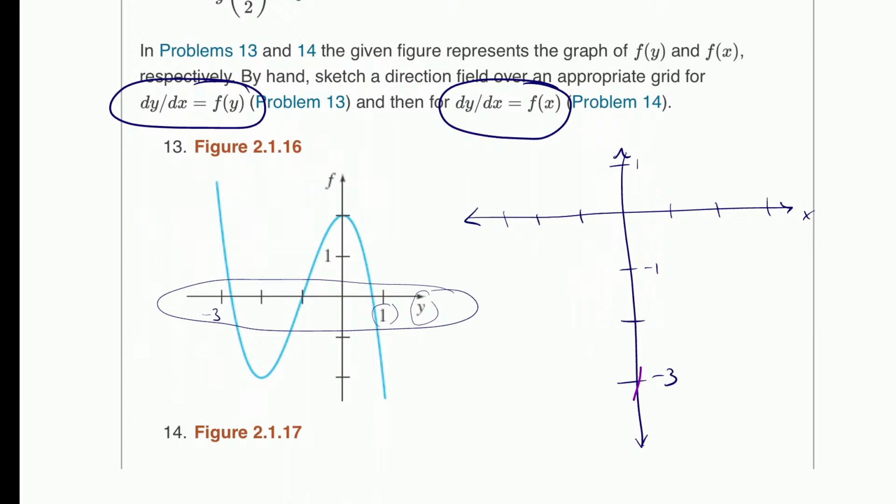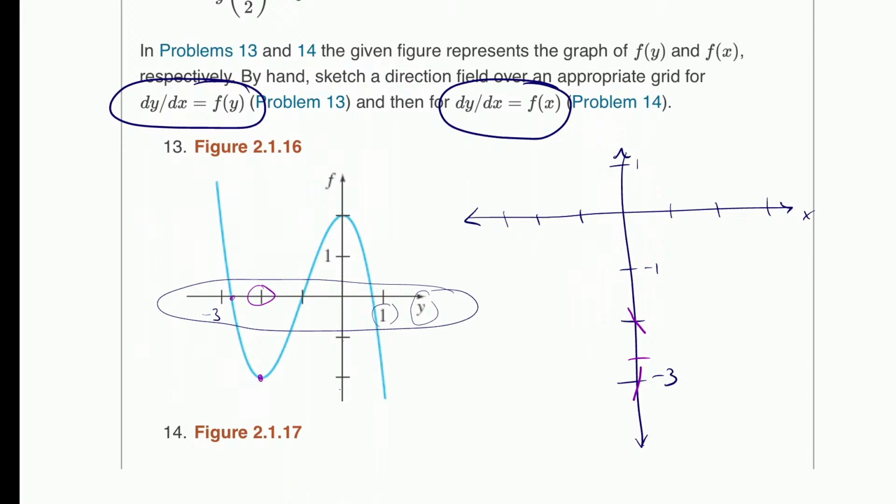And then when y is equal to -2, notice that the slope is -2. So that would be like this. In between somewhere, you have a slope of 0. So there's a slope of 0 somewhere closer to the -3.